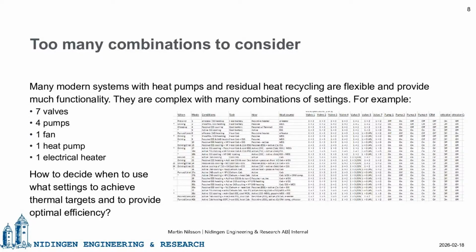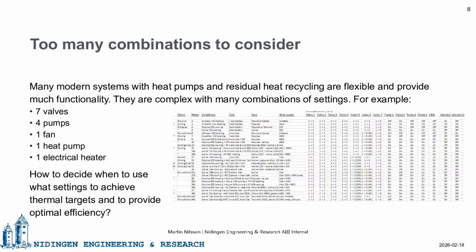Modern systems for battery electric vehicles often include heat pumps to save on battery energy. We want to recycle residual heat from various components. For example, the drivetrain contains a lot of heat that we can reuse on a cold day to heat the cabin via the heat pump.